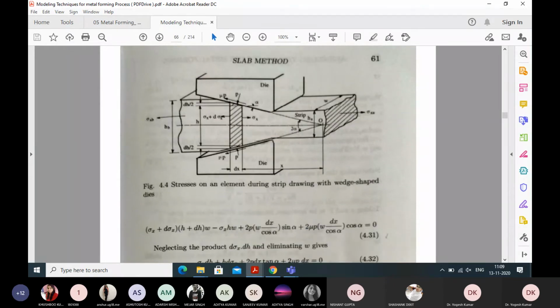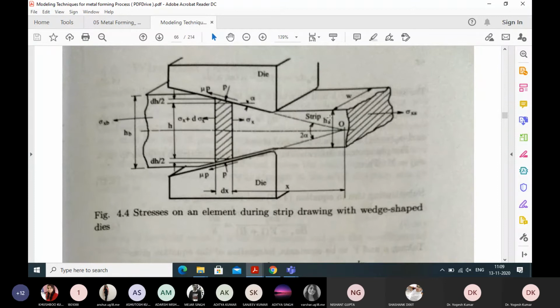Okay, so take an example of this work part which is being drawn from this die opening. Die is having this kind of shape, and you can see this is your initial work plate which is being drawn through this die, and whose thickness is getting reduced.